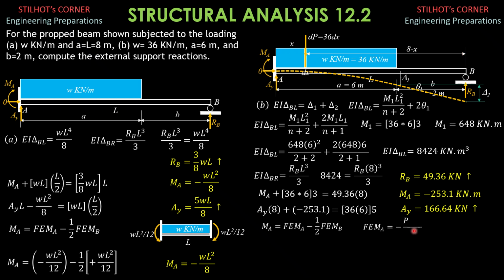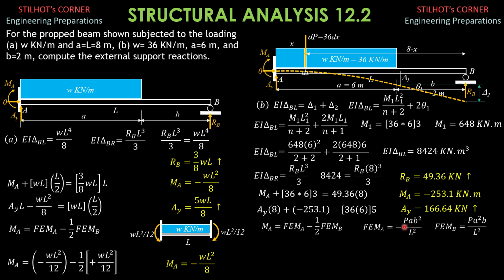The fixed moment formula at A is negative PAB squared over L squared, because it is counterclockwise, expected counterclockwise at the left side, and clockwise, so positive, at the right side. And fixed moment B is just, we just interchange the squared factor, so PA squared B over L squared, and positive.